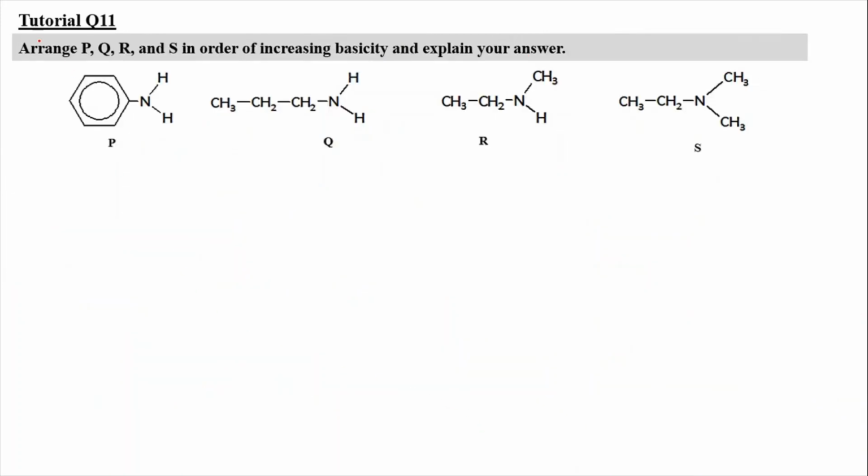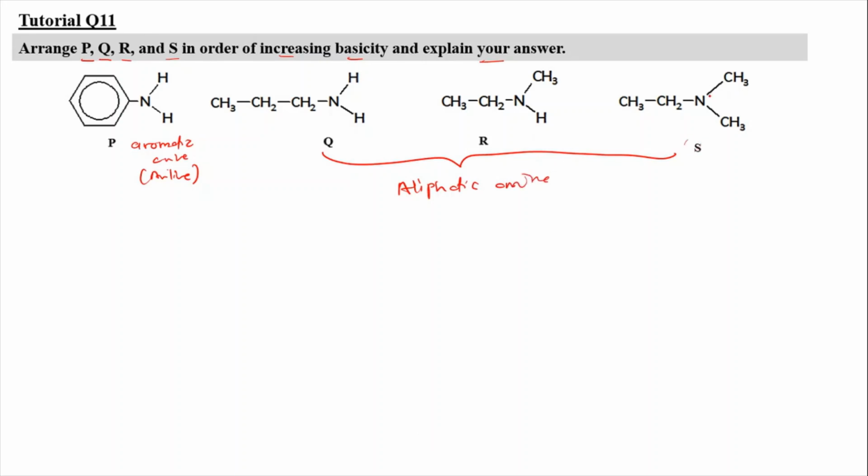For tutorial question 11, we have to arrange P, Q, R, and S in the order of increasing basicity and explain your answer. So as what you can see here, the P here is an aromatic amine, known as aniline. Meanwhile, Q, R, and S are known as the aliphatic amines.